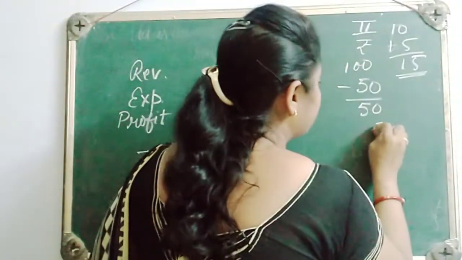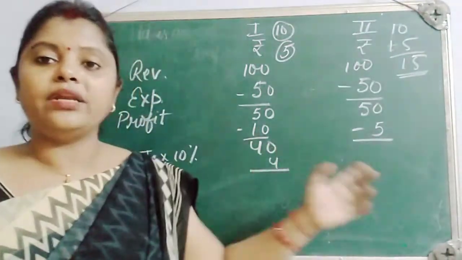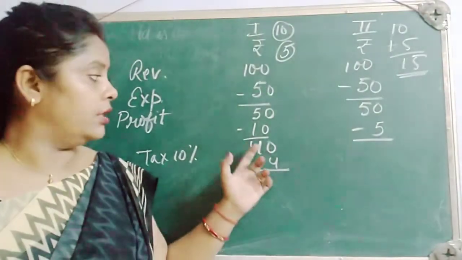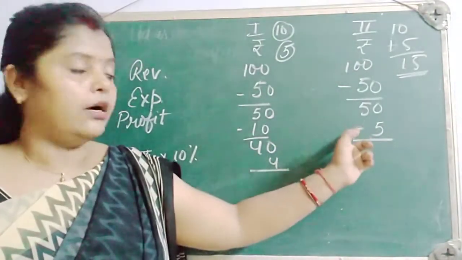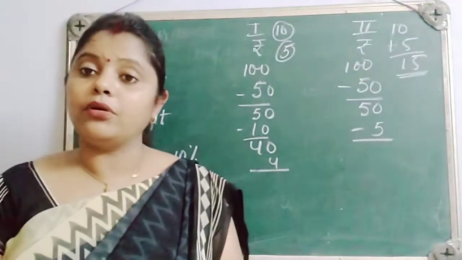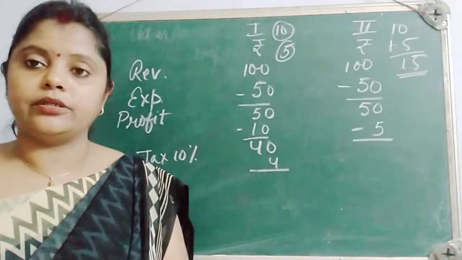So look here, there is one thing we have seen. Only by issuing debentures we can reduce the tax burden. Earlier, in the second case we have to pay 5, while in the first case we have to pay only 4. So here we have reduced the tax burden.